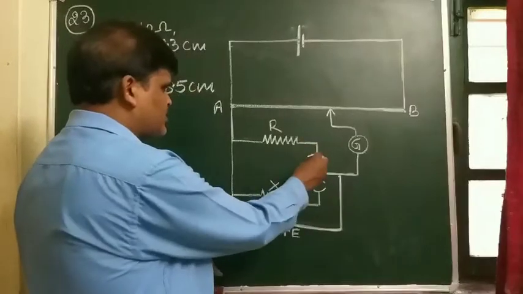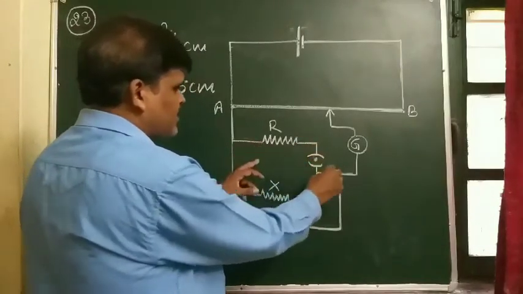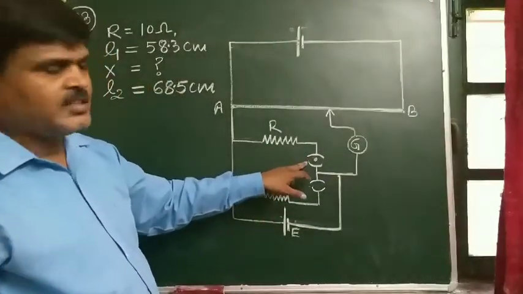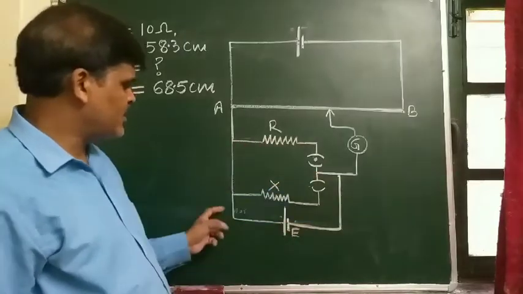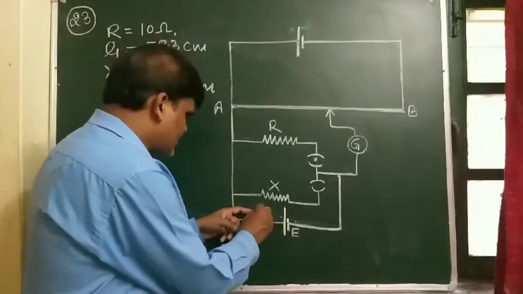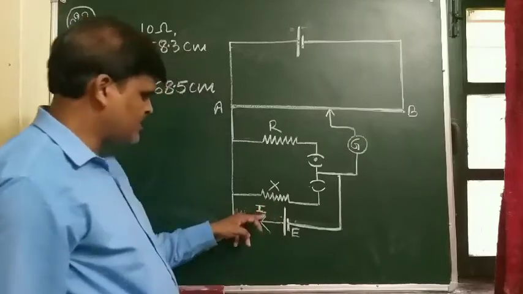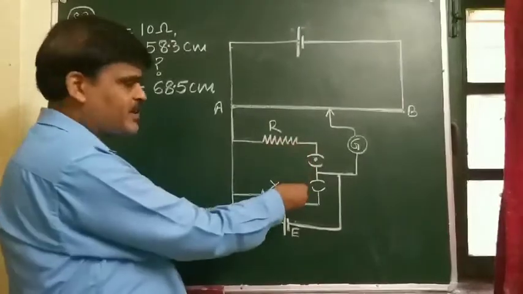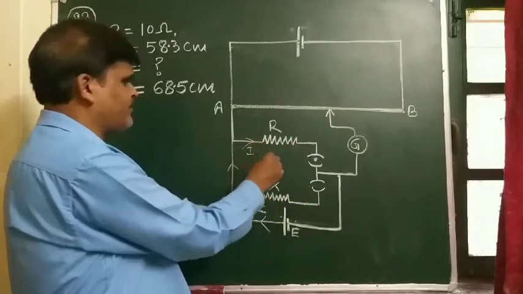Suppose first the key is inserted and resistance R is connected into the circuit. And suppose this standard cell whose EMF is E sends the current into the secondary circuit, and the current flowing through them is I.